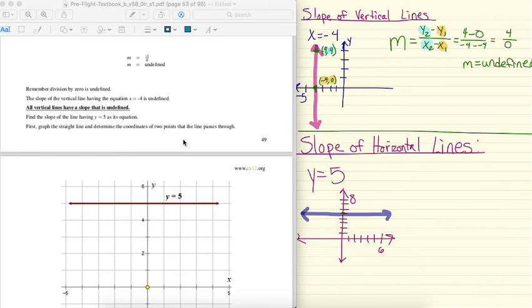So I'm going to pick for my first point, the one that's right on the y-axis. And so that's the point 0, 5. Then I'm going to pick a point that is a little bit further to the right. And this will be the point 5, 5.